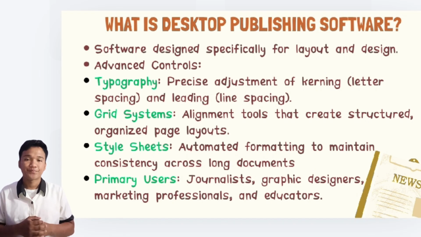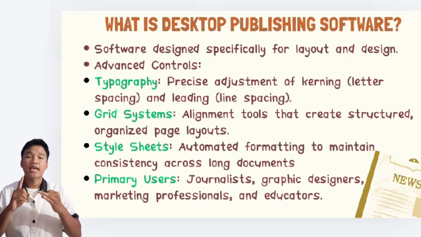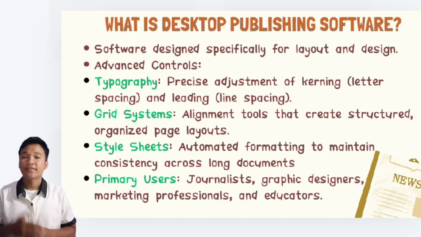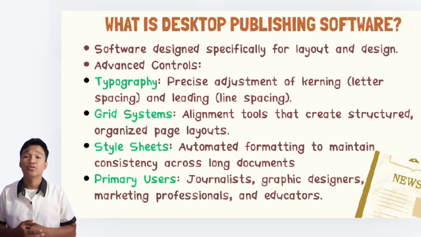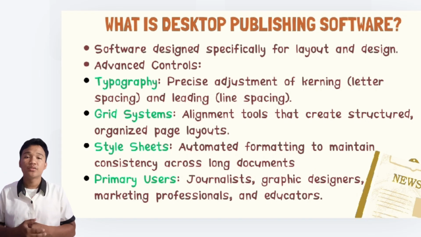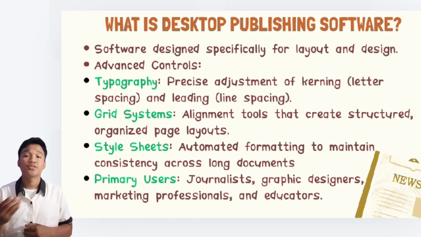For instance, a style sheet can automatically format all articles to the same font, size, and color. Grid systems help align text and images neatly, and typography adjustments make sure articles are easy to read. Now, this makes the students' publication look professional, even though it is created by the students.